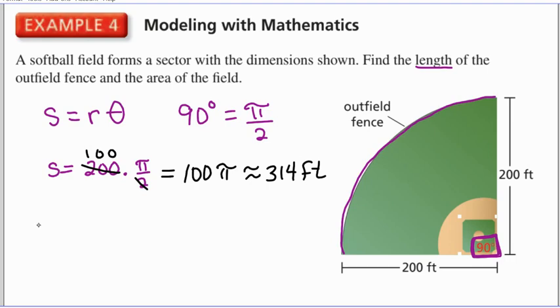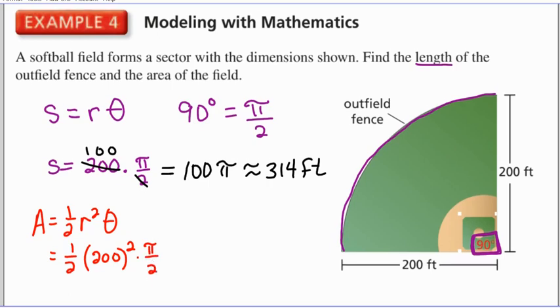Now to find the area of the field, I need to do area equals 1/2 the radius squared times my angle as measured in radians. So I'm going to do 1/2 times 200 squared times my angle as measured in radians, which is pi over 2.